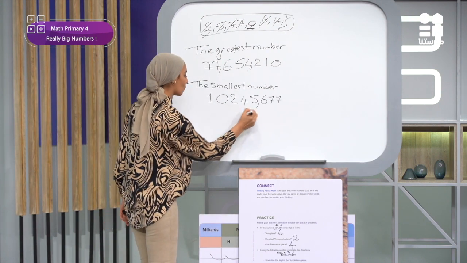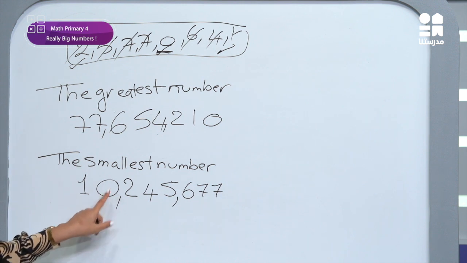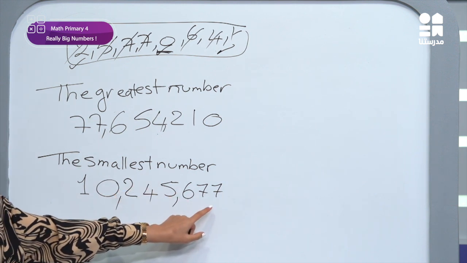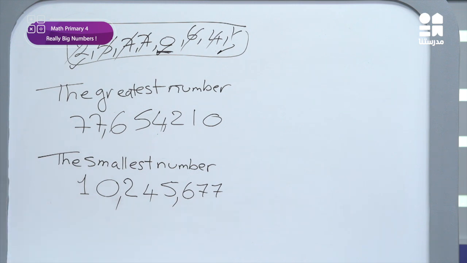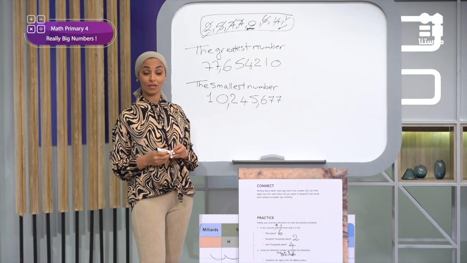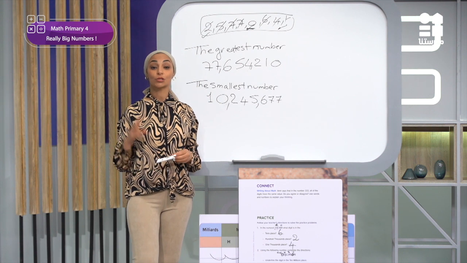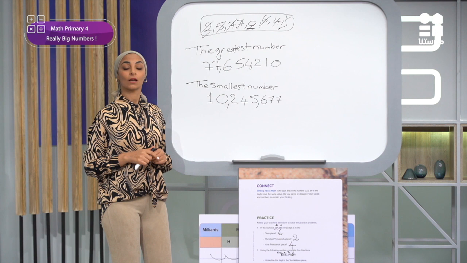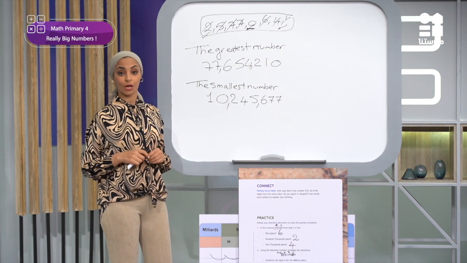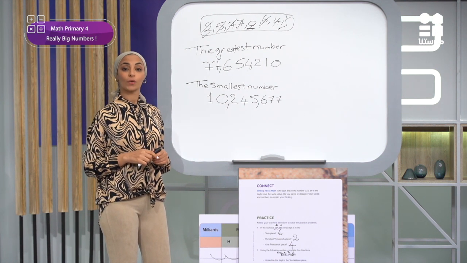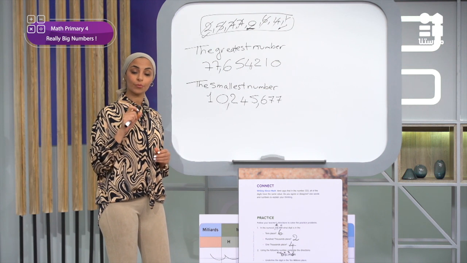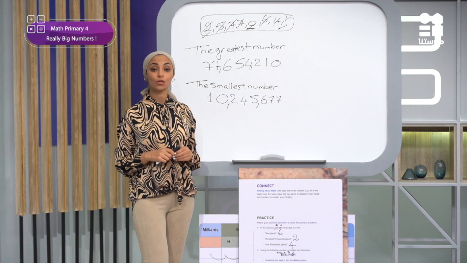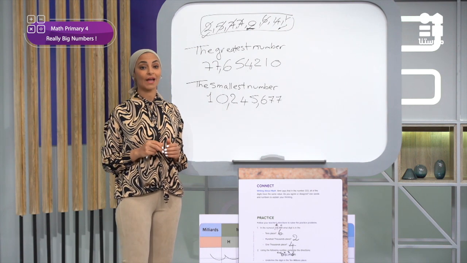Can you read it now? Yes, it is 10,245,677. Okay, I hope you understand this point very well. Now we notice two things here. First, we write the same numbers like 7 next to each other. Second, we form the smaller number and we cannot start with 0 on the left, as 0 to the left of any number has no value.